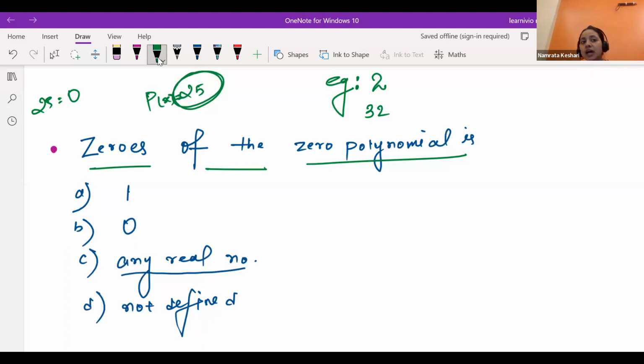It's completely invalid, it doesn't make sense. If x plus 25 equals 0, we understand there is a value of x that makes the result 0. But just 25 equals 0 can't be. This is completely false and baseless, and that's why we say that it is not defined.